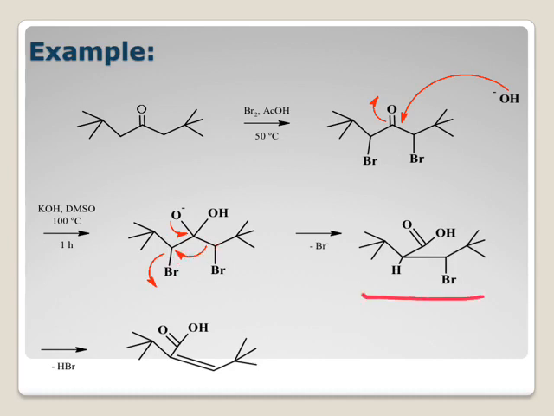Now, on this carbon from where the bromide ion has left, one hydrogen is still there. So, this is that hydrogen atom. In the next step, dehydrohalogenation, that is HBr is eliminated, leading to formation of this olefin. So, if alpha hydrogen is absent, then also the reaction can occur.